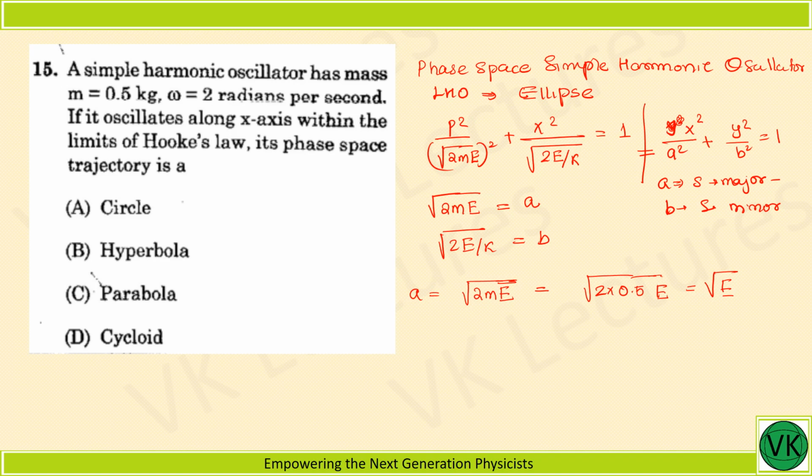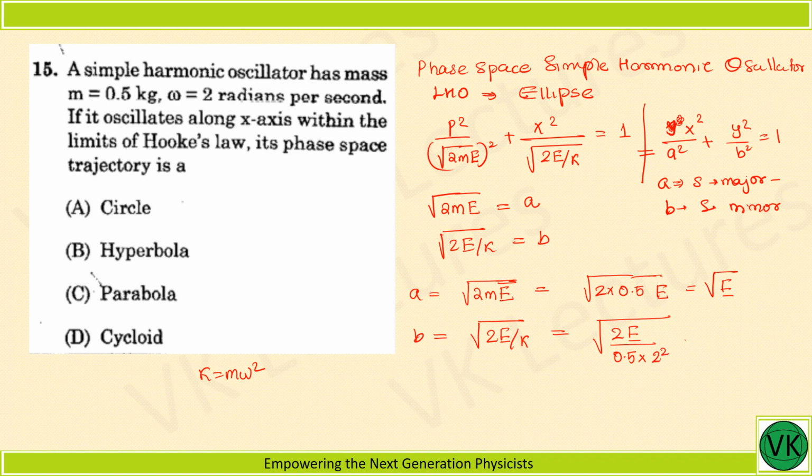Now b is equal to root of 2e by k. Now we can write k is equal to m omega square. So m is 0.5, omega is 2 radians per second, so omega square is 4.